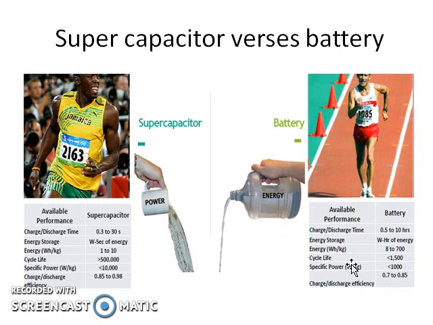Basically a battery is also an energy storage device, which is most probably used in inverters and bikes. So while comparing with supercapacitor, the charge and discharge time in supercapacitor varies from 0.3 to 30 seconds, and in the battery it varies from 0.5 to 10 hours.